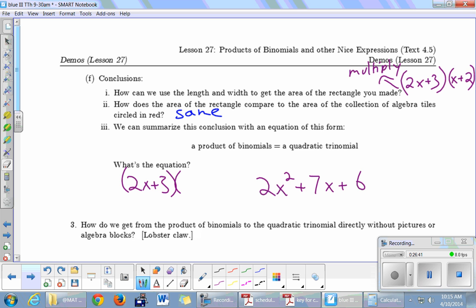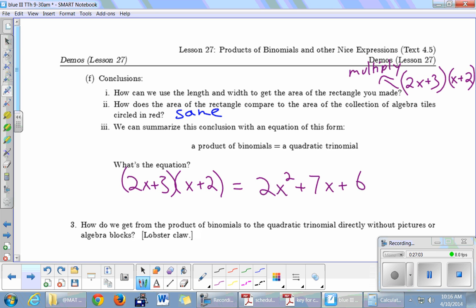X plus 2. And we said that the area when it's separated is exactly the same as the area when it's together. So here we have a brand new equation: if we multiply these two binomials, we get this quadratic trinomial.